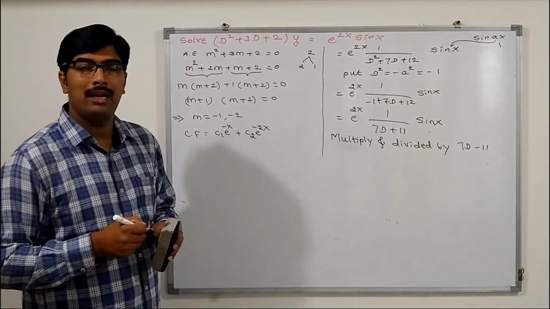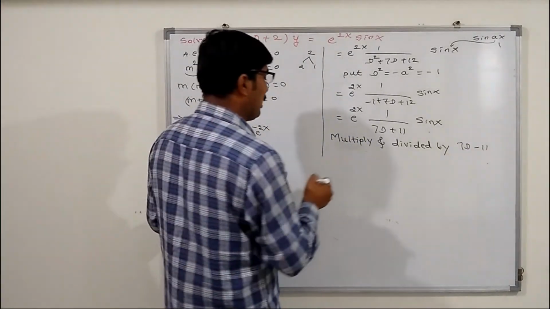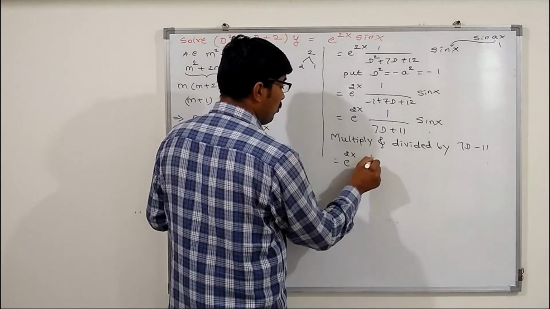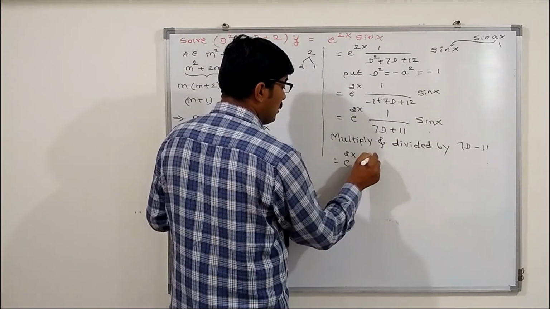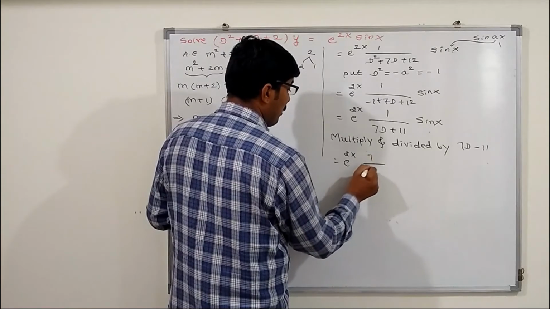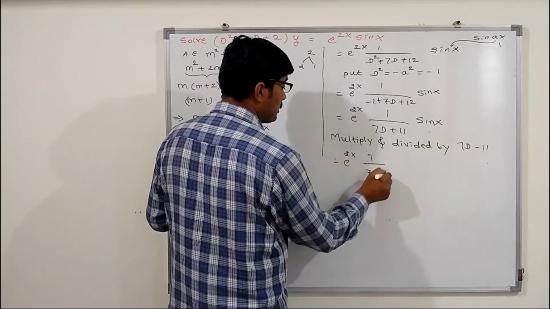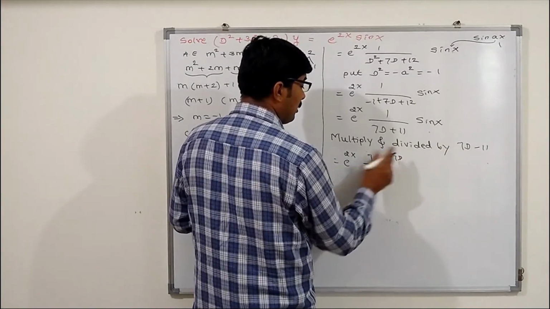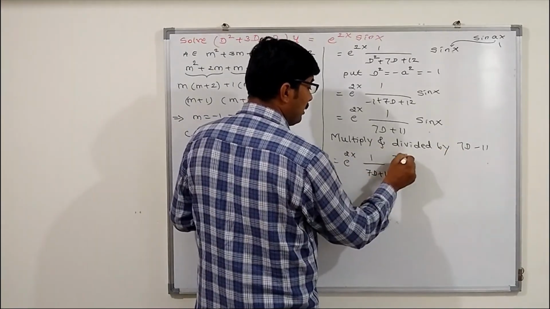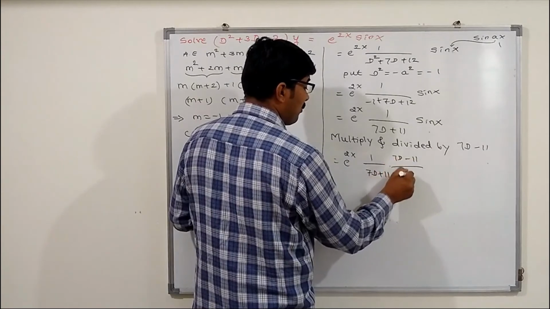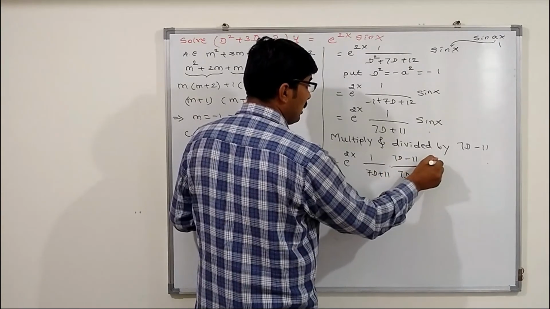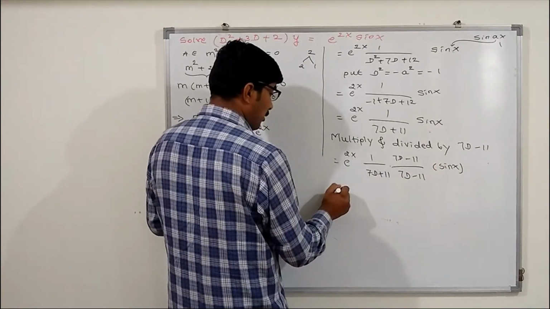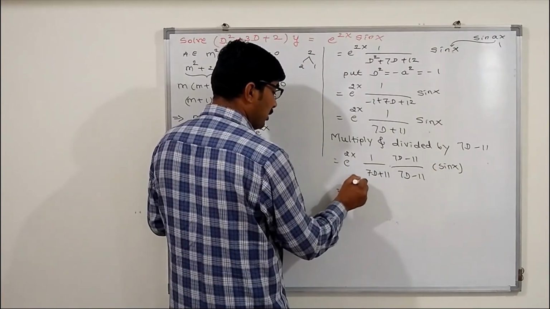You have to multiply and divide it by 7D minus 11. So this is equal to e raised to 2x, 1 divided by 7D plus 11 as it is. Now multiply and divide it by 7D minus 11. This is 7D minus 11 divided by 7D minus 11, of sin x.